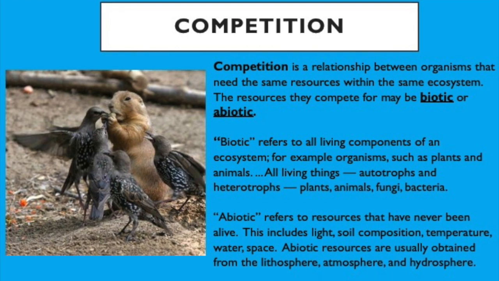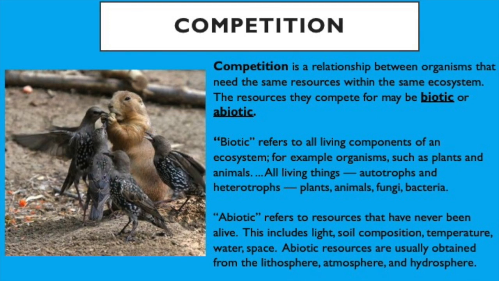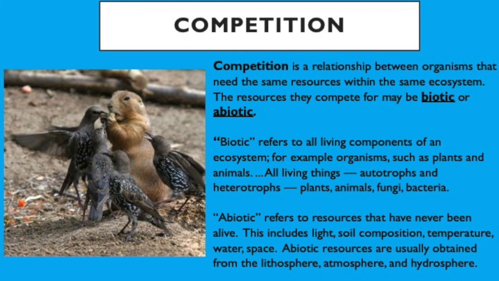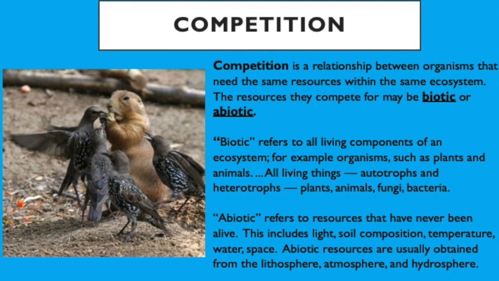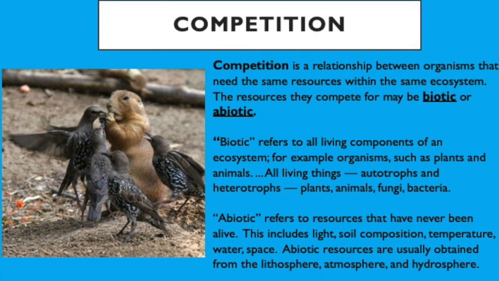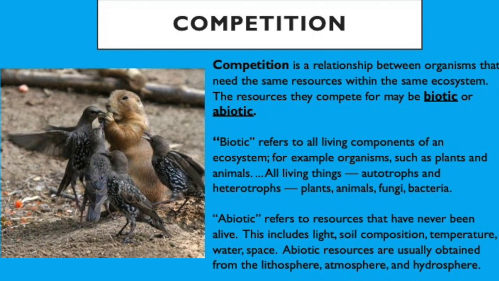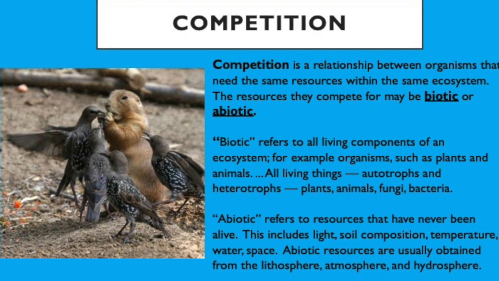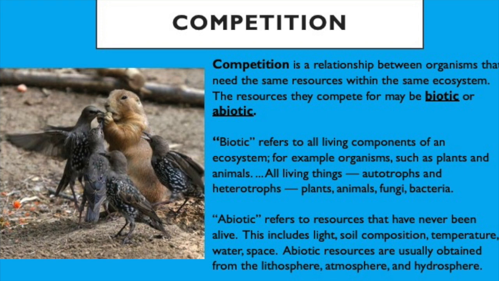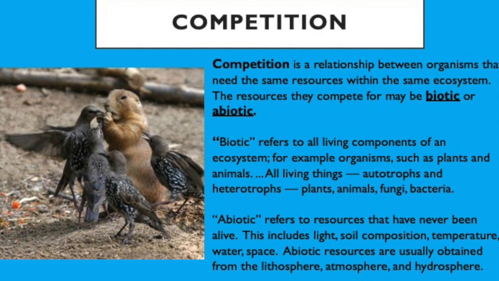The resources they compete for may be biotic or abiotic. Biotic is going to refer to all living things, hence the prefix bio. For example, organisms such as plants and animals. All living things, autotrophs, heterotrophs, plants, animals, fungi, and bacteria are considered biotic, meaning they were once alive.